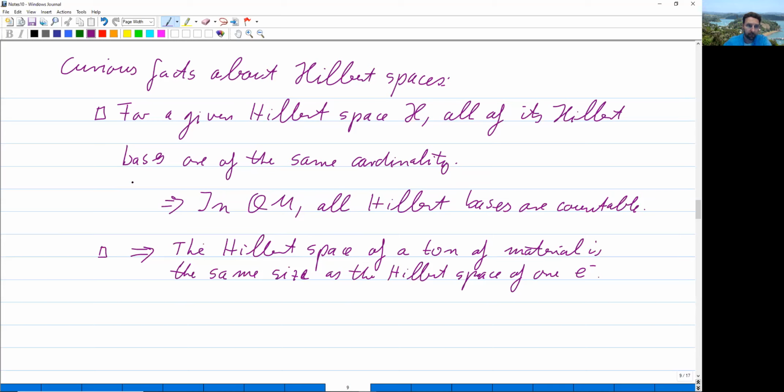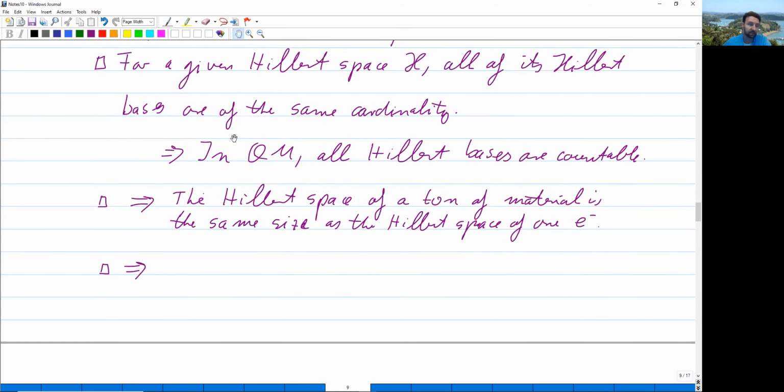So that's one curious fact. Another curious fact is this. As you know from your previous studies of quantum mechanics, there are continuous representations, right? You can represent your states in terms of position and momentum wave functions, for example. We will soon cover what they really are in more detail, but you already, of course, know that. And you may wonder, what about this? Don't we say that we have a position basis and a momentum basis, but they are continuous? How does this compute?